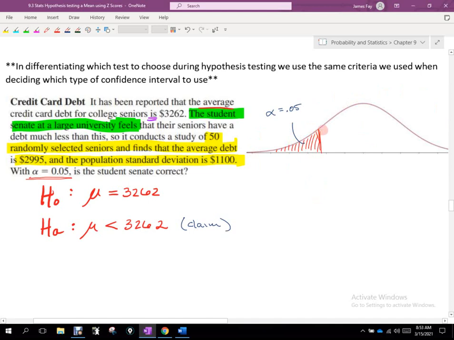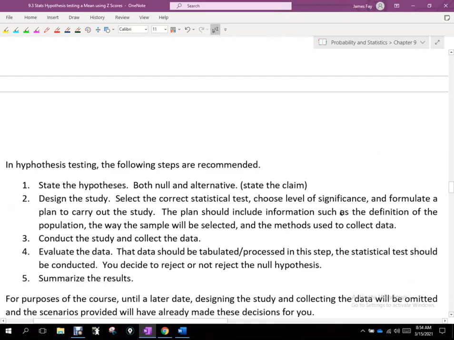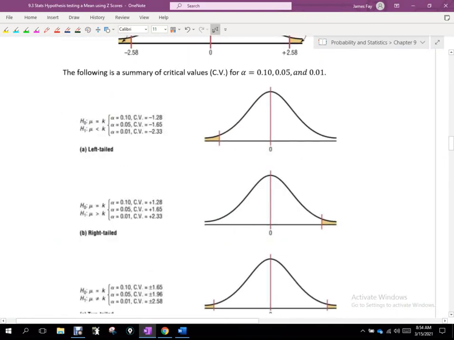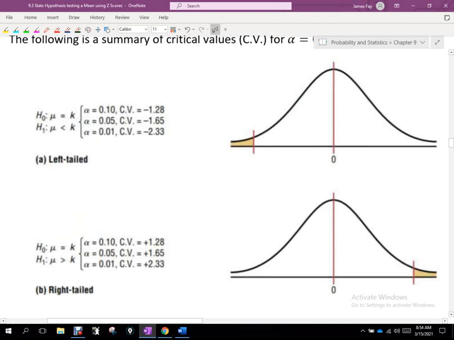Okay? We need to determine what is that z-score. Let's say z sub alpha right now. What is the z-score that goes with that that establishes that 0.05 area. Okay. Now, if you rummage through your notes from last week, I gave you some common values that you can use. Okay. So here we got left-tailed. Alpha was 0.05.